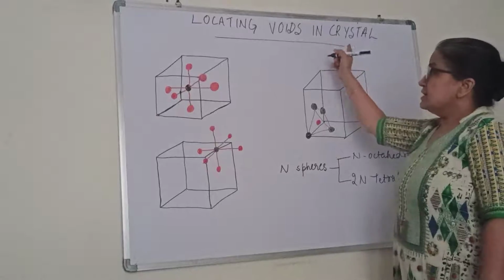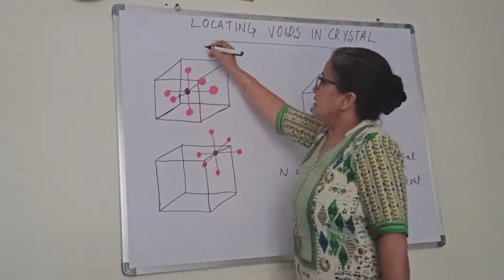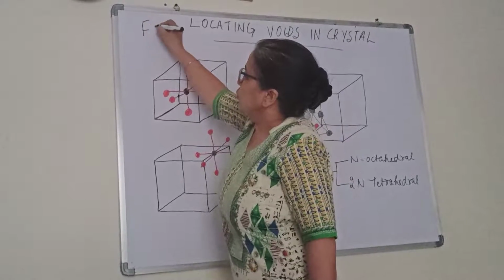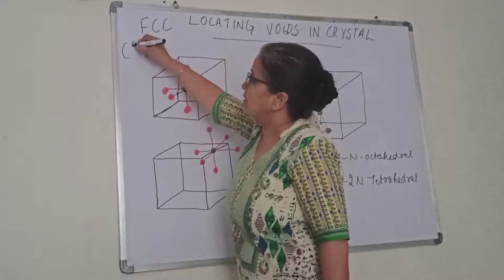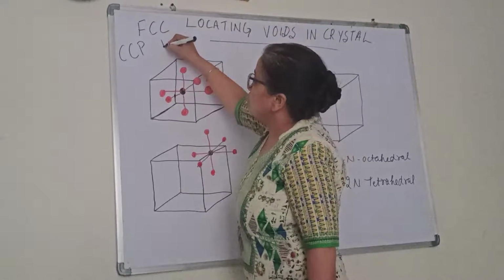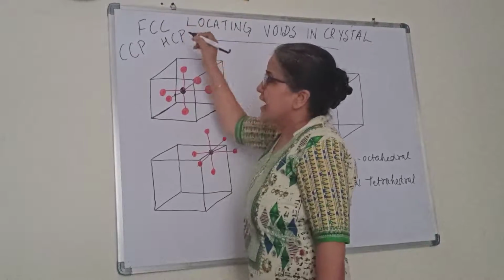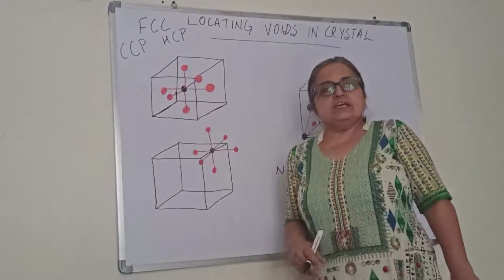Now we are discussing voids in FCC. FCC means face centered cubic. Children, you will also find it written as CCP, cubic close pack, or it is also called HCP, hexagonal close pack. Now what was FCC?